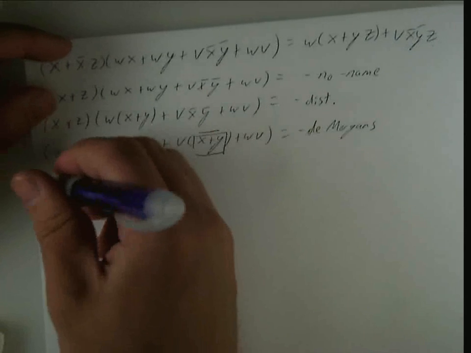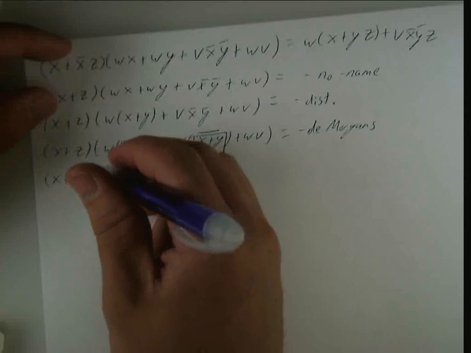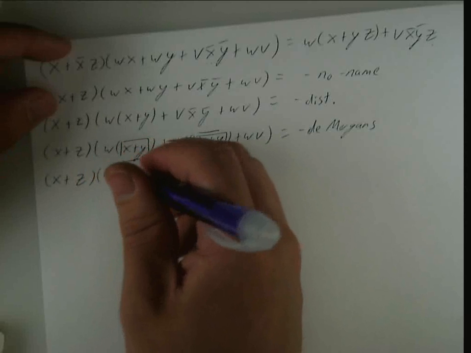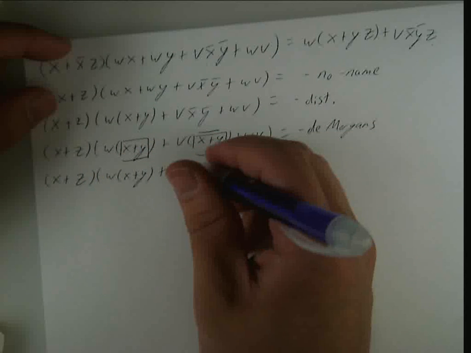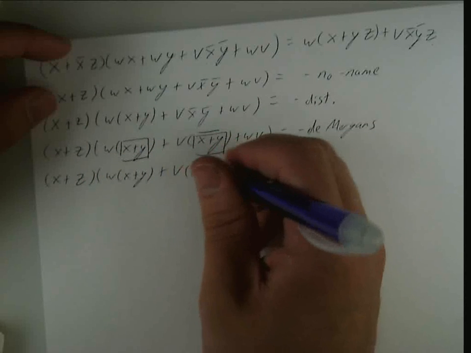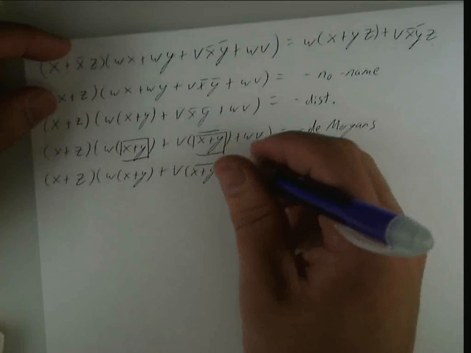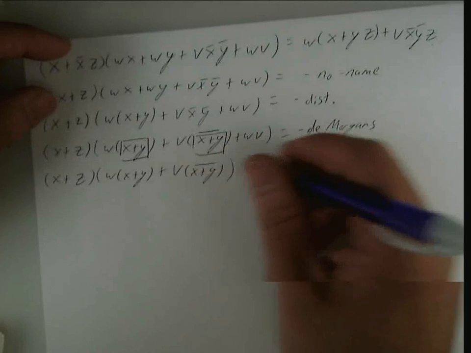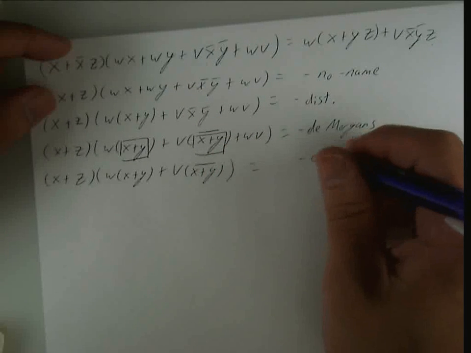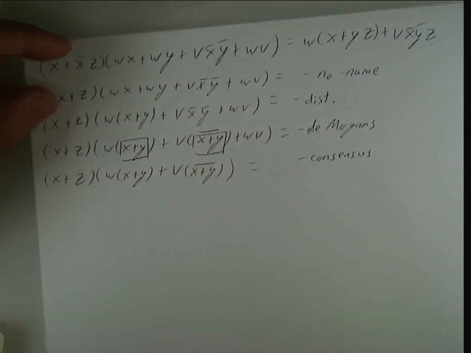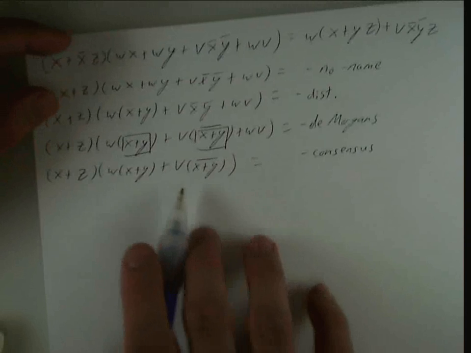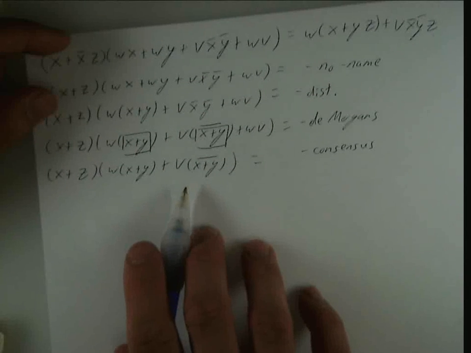So that's just going to become x or z, w, x or y, or v, x or y complement, and that is consensus. And now I'm going to want to convert this back to v x bar y bar before I start doing all this distribution.